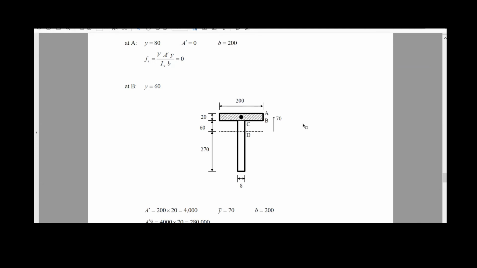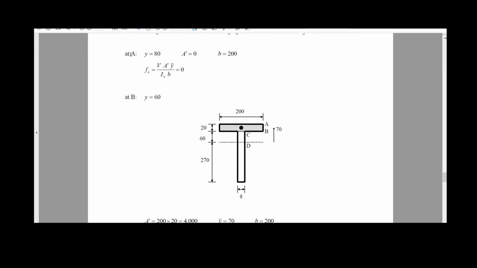Once you define these points, you start doing the calculation as usual. The first point, point A, is at this level, on top of the T, where you won't have any area to run the calculation. So the area will be equal to 0, as you see in this example.